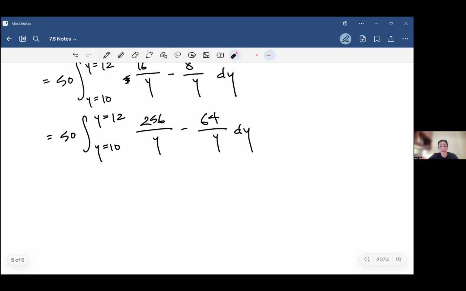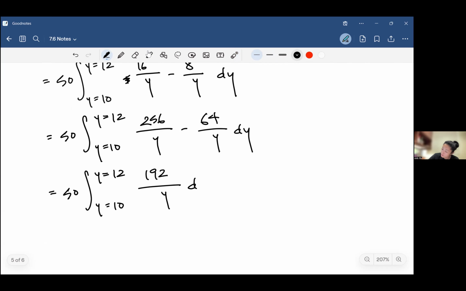So I can go ahead and combine those into a single fraction, okay? So 256 minus 64 gives me 50 times the integral from y equals 10 to y equals 12 of 192 over y. Okay. So this is what I mean by always try and simplify if you can, because it makes the next step a little bit easier.